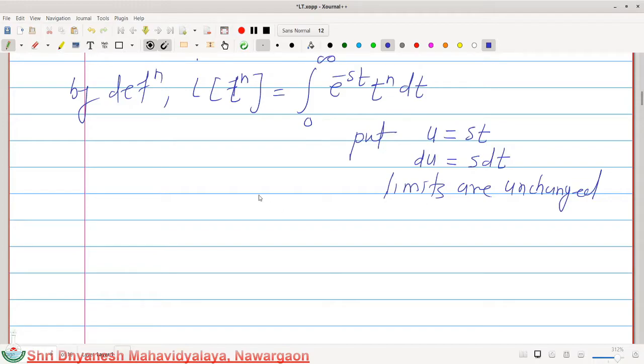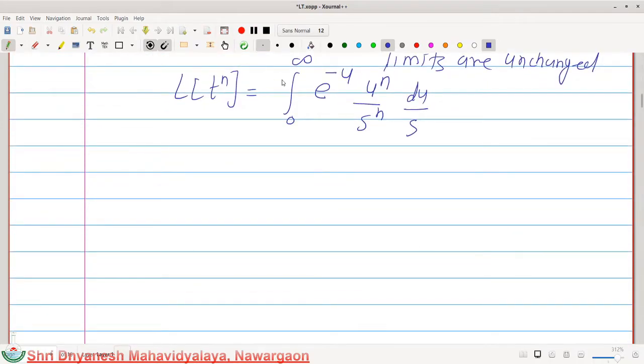Okay, so do the substitution. Laplace transform of t to the power n equals integration 0 to infinity e to the power minus u, and what will be t to the power n? It will be u to the power n upon s to the power n, and dt equals du by s.